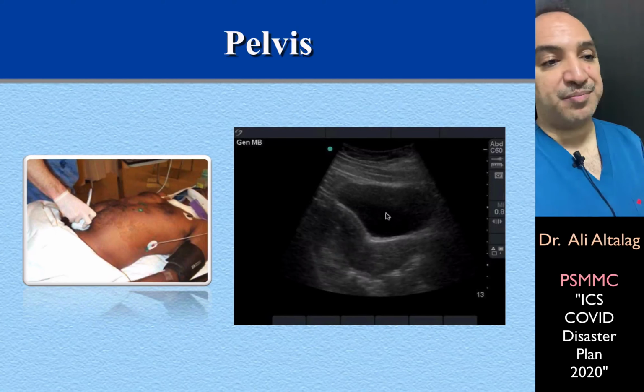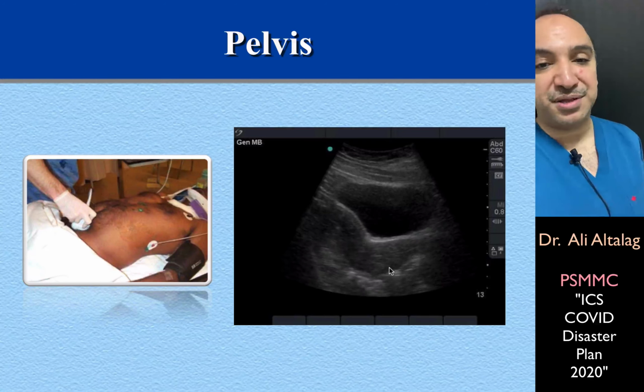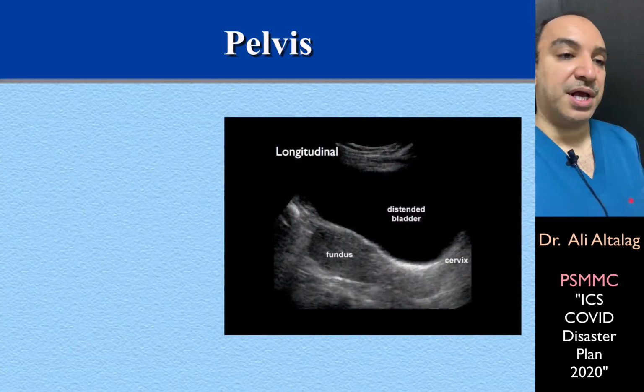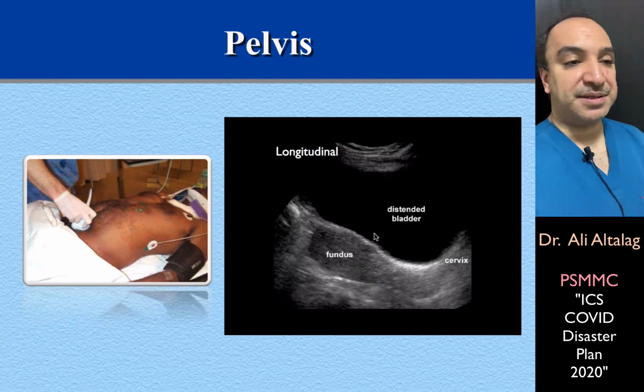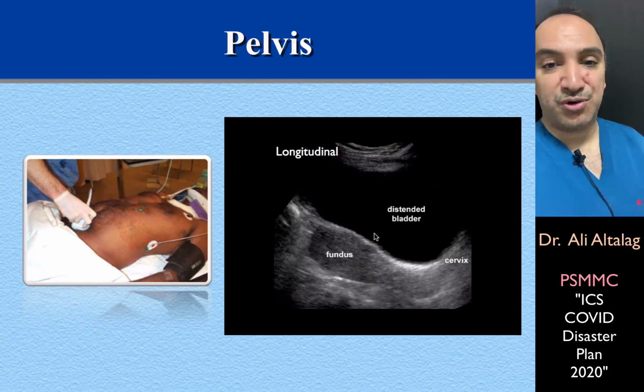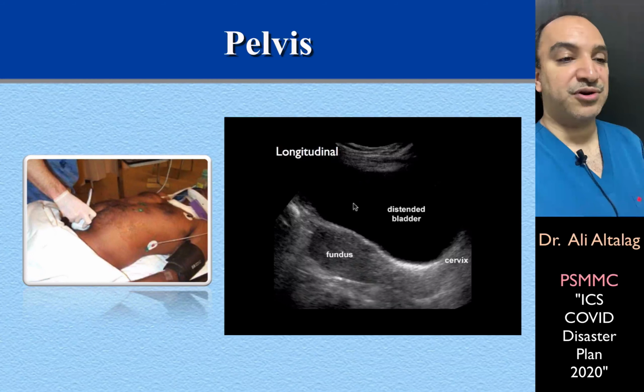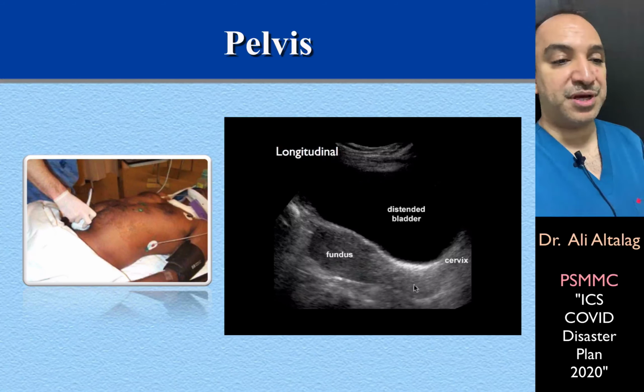This is the bladder filled with urine, and here you have the structures beneath the bladder like the rectum, etc. This is a female. By the way, the previous one is normal. This is a female, this is urinary bladder, this is the uterus, and beneath the uterus is the rectum.